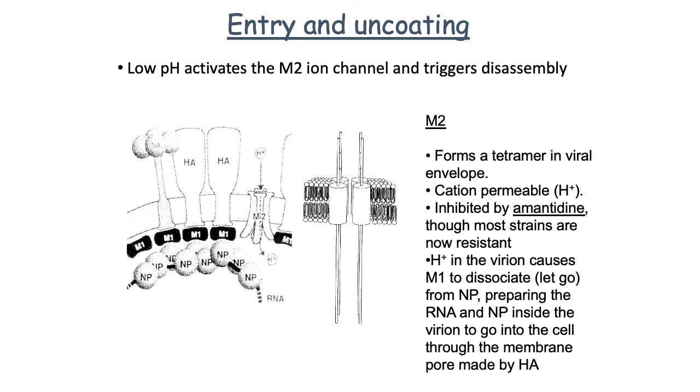But unless you also activate the inside and get M1 to let go of the nucleoprotein and the RNA, this virus actually gets stuck, and it's stuck attached to that membrane at hemifusion, and it cannot go to full fusion. So yeah, by blocking the ion channel on this weird little M2 protein, we are able to block fusion from ever happening completely. So there we go. That's the end of the second section.